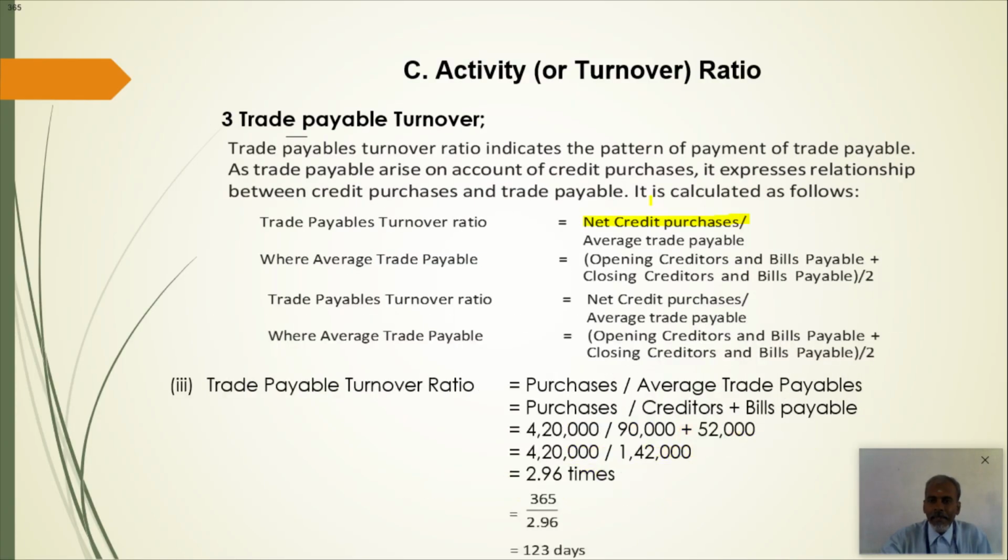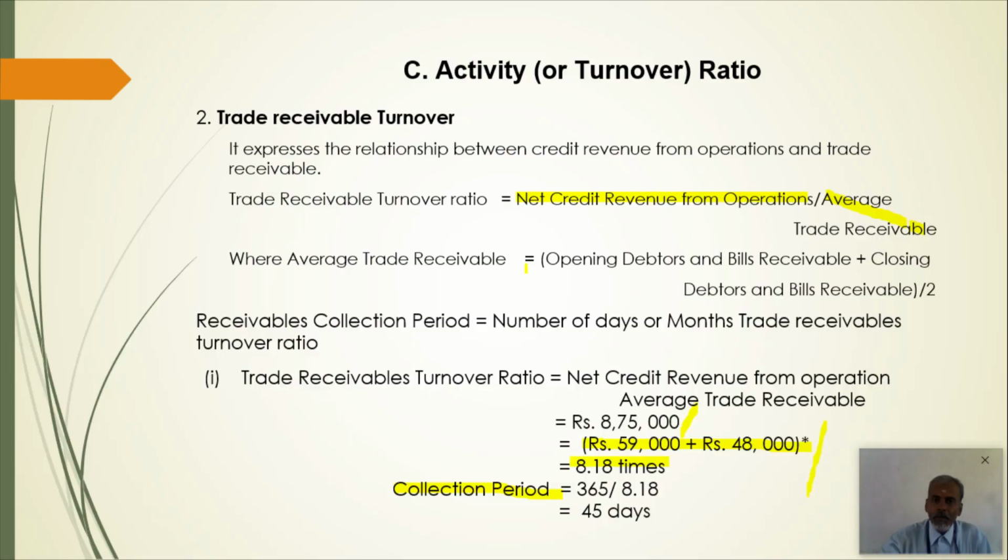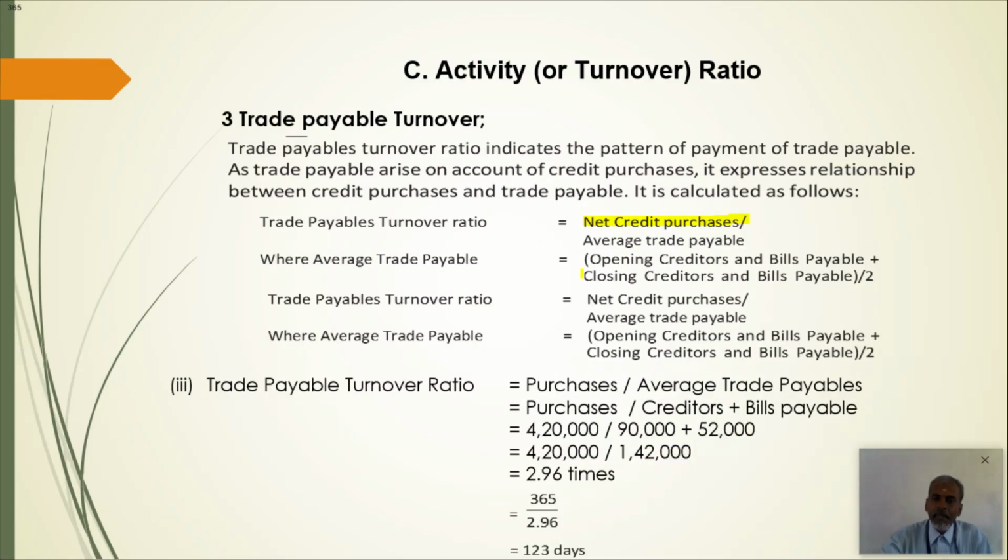Right? In this, here also it is mentioned, we take debtors into consideration. Here we take creditors into consideration. So net credit purchases divided by average trade payables. So here we have taken average trade payables.